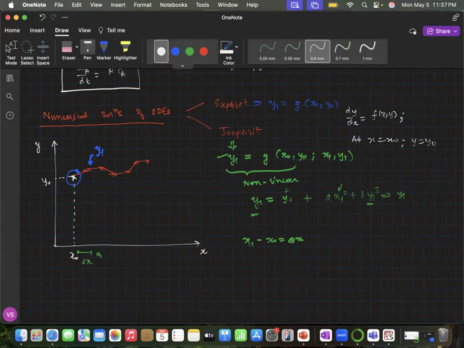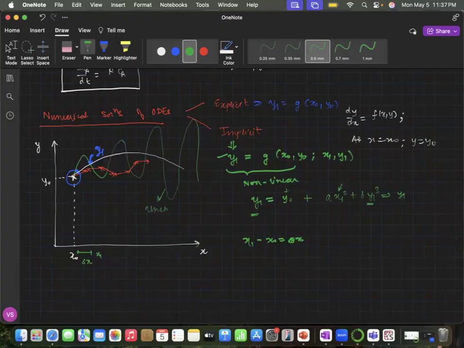So let's say the actual solution might look like this, but if I increase the step size too much, the numerical solution might start looking something like this, which is an unstable solution. So the range of delta x is more for an implicit method compared to an explicit method. In an implicit method, you could span a greater range of delta x without the solution being unstable, while in an explicit method, there's a limited range of delta x.